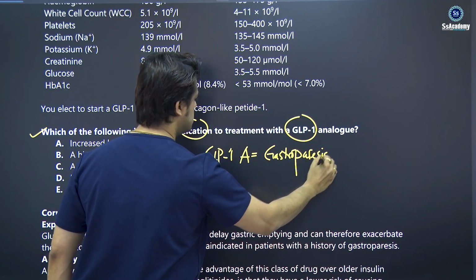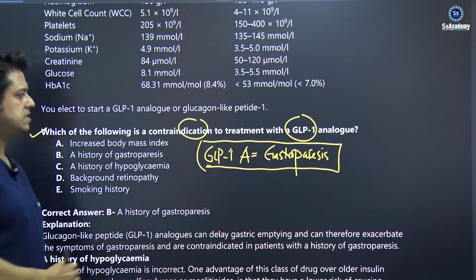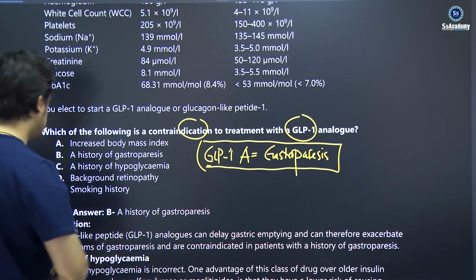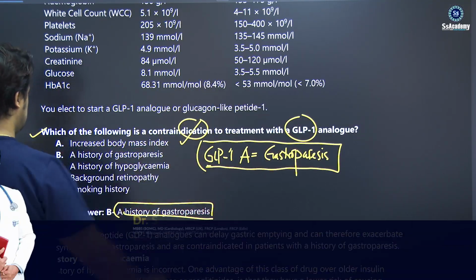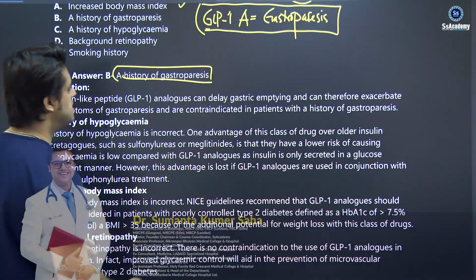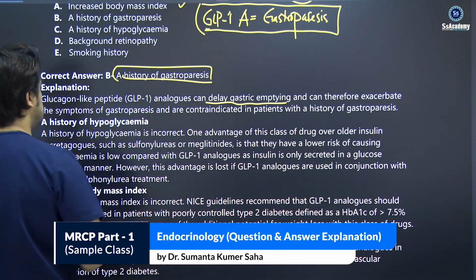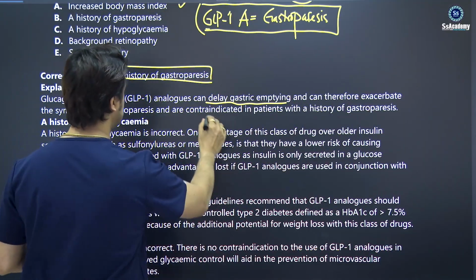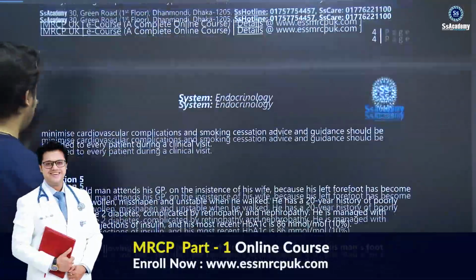If you know GLP-1 and gastroparesis, it should definitely be contraindicated in patients with GLP-1 analogs. So yes, a history of gastroparesis is a contraindication in this case, my dear. GLP-1 analogs can delay gastric emptying and can therefore exacerbate the symptoms of gastroparesis, and are contraindicated in patients with a history of gastroparesis. So very simple, my dear.